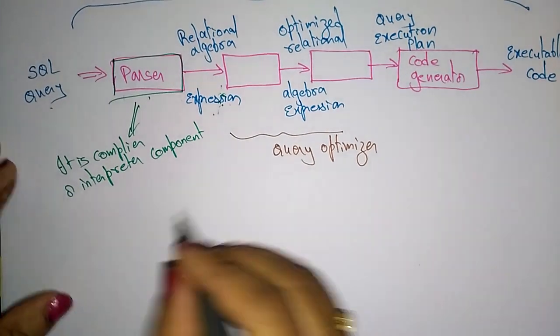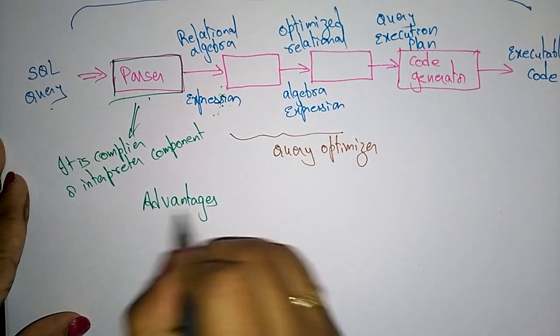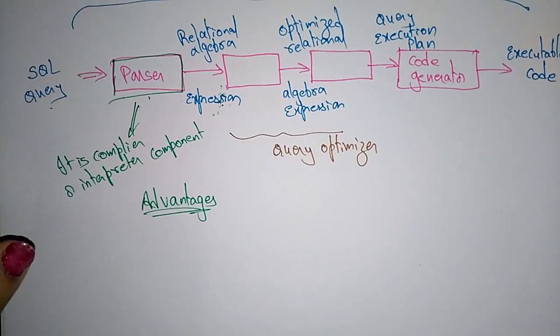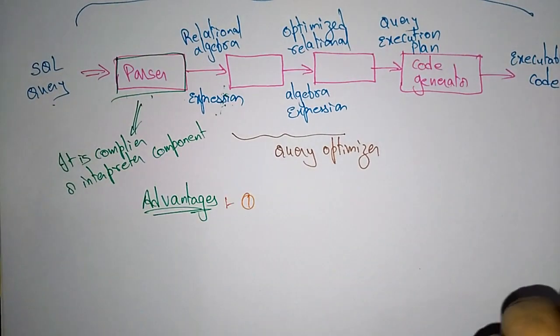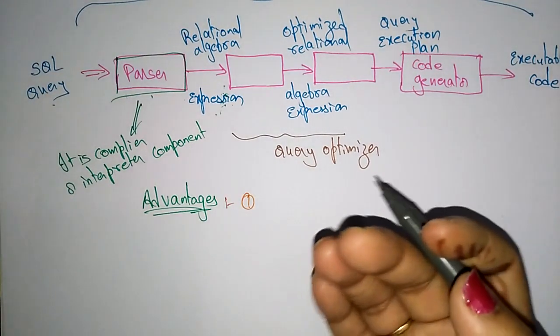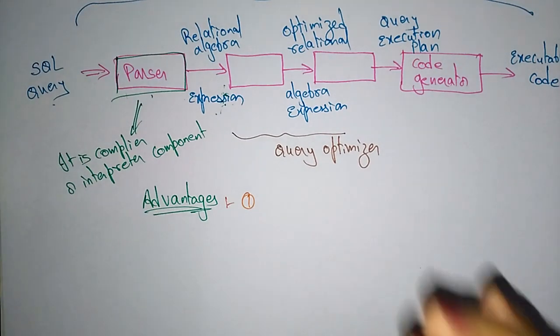Now let us see the advantages of using relational algebra. This is just the introduction I am explaining. The first advantage is that the mathematical background of relational algebra is the basis of many interesting developments and theorems.